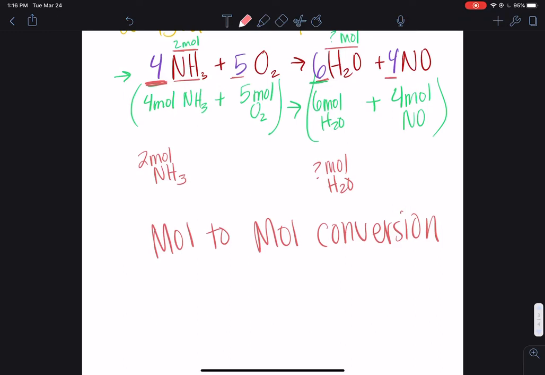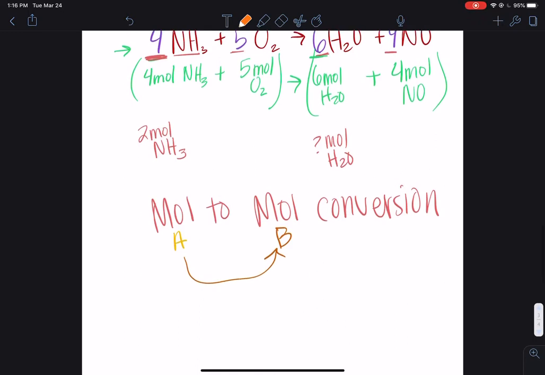It's all been the same substance, but this time we're going to use a chemical equation to go from moles of substance A to moles of substance B. To go from here to here, you have to use the coefficients of a balanced equation. It has to be balanced. If it's not balanced, your numbers are going to be wrong.